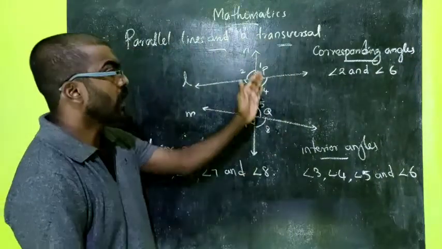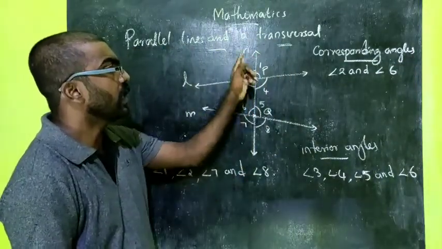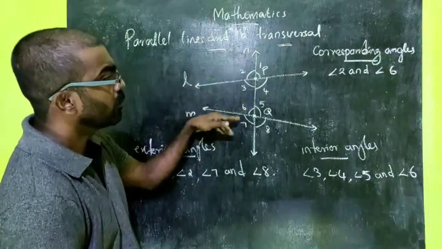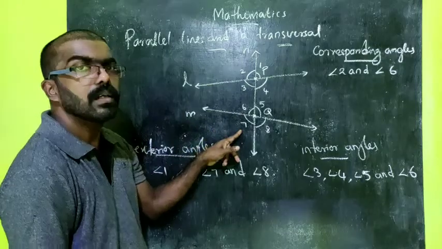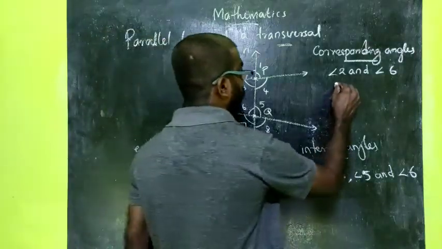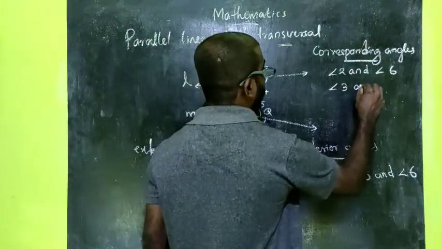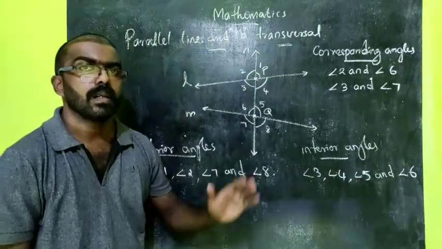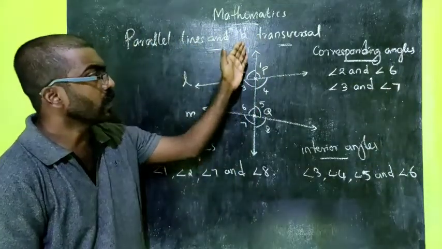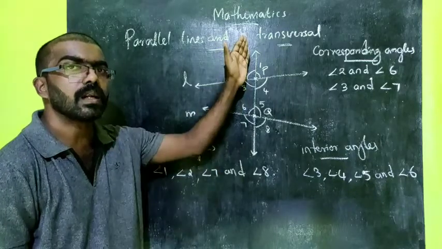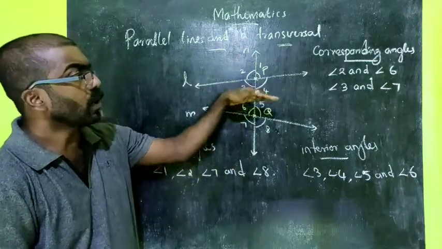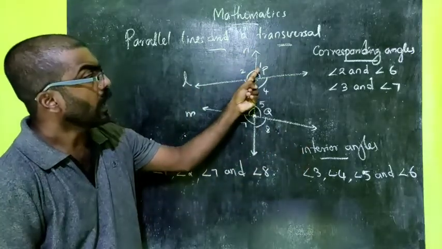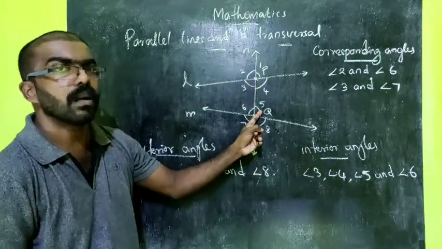Similarly, we can take the angle to the left of the line N and the bottom of the lines L and M. They are 3 and 7. So the second pair is angle 3 and angle 7. Clear? Next we can take the angle on the right of the transversal N and to the top of the lines L and M. They are angle 1 and angle 5.